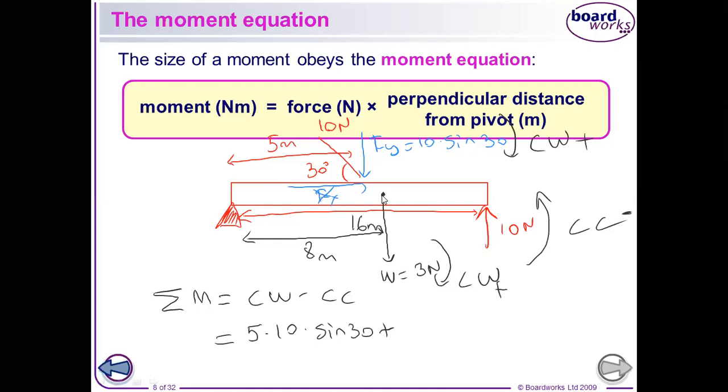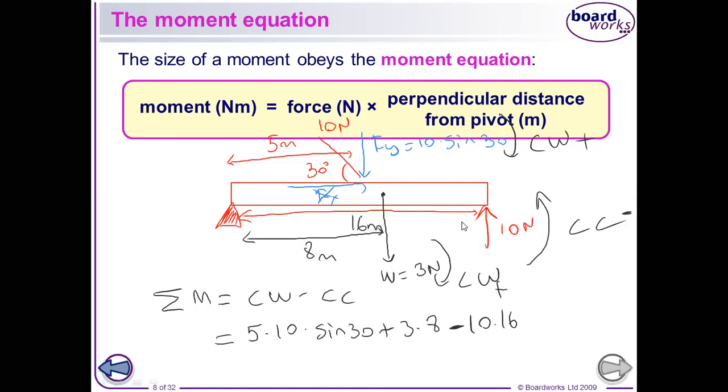And my weight is what? 3 newtons times 8, minus, because the other force is on the counterclockwise side, so I have to make it negative, 10 times 16, right? The distance from the force to the pivot is 16 meters.